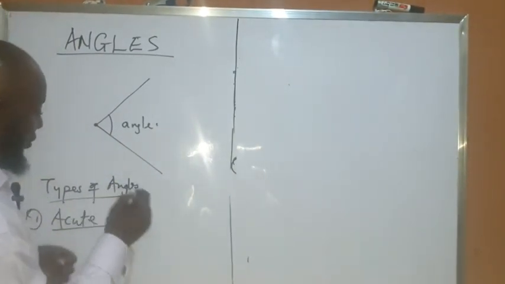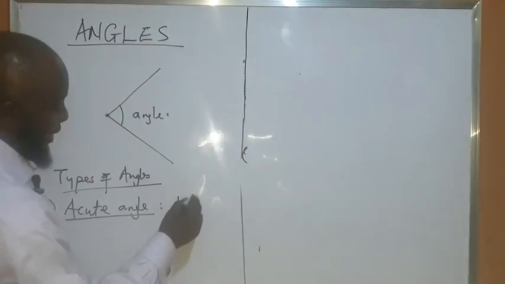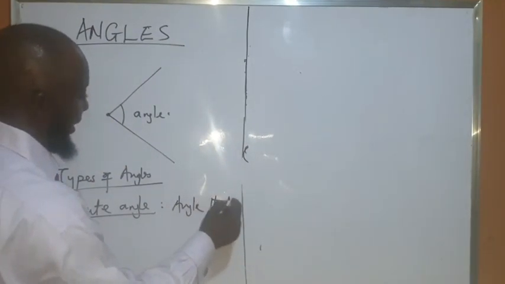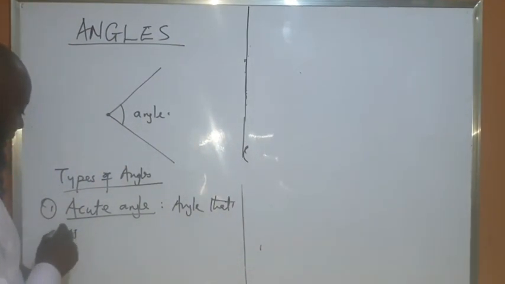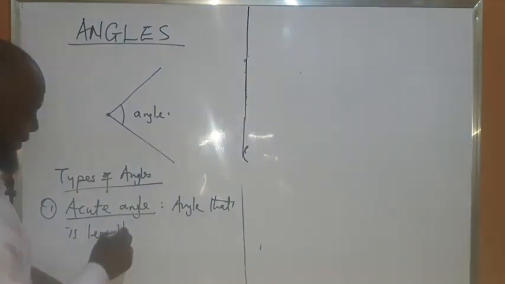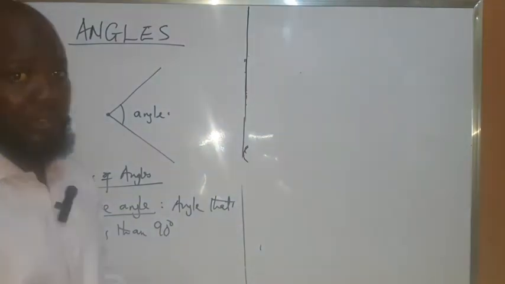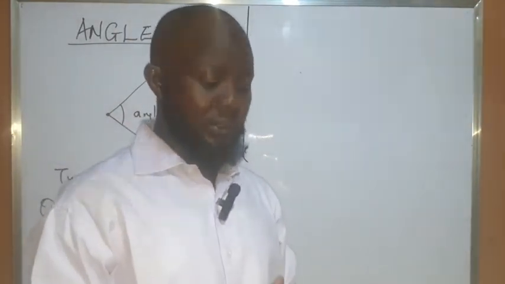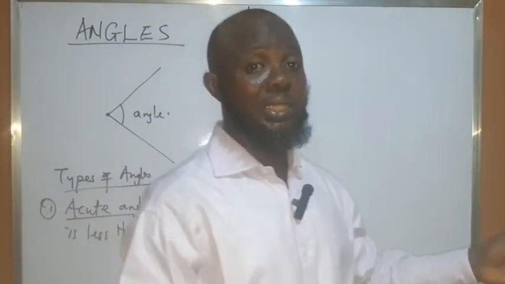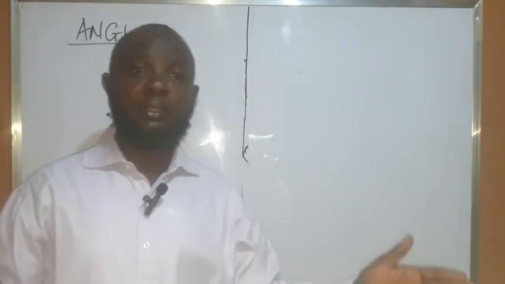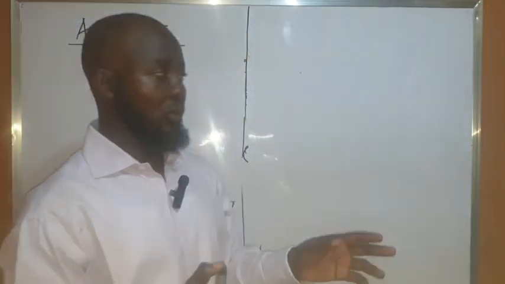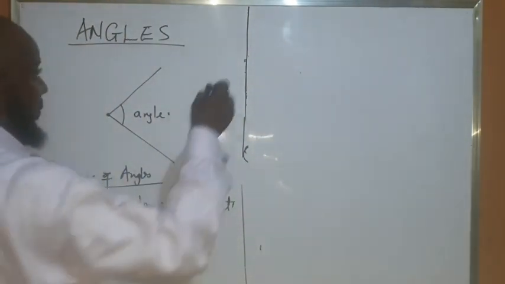Any angle that you see that is less than 90 degrees, from 0 to 89 or 89.9, is referred to as an acute angle.